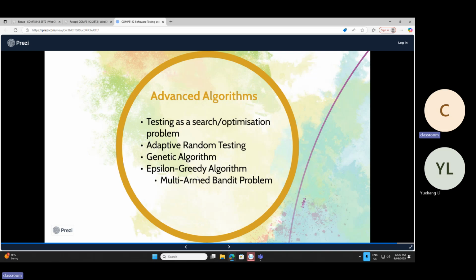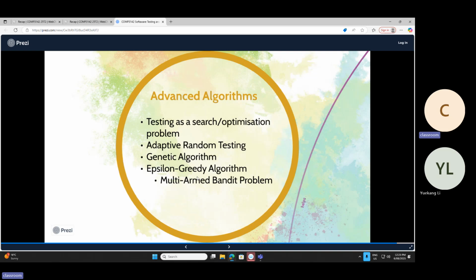Adaptive random testing is considered a heuristic-based algorithm, which means that it is based on some observations or some empirical findings, right? Based on some experience of humans. However, we want to have a way to automatically extract heuristics, and this is called meta-heuristic.